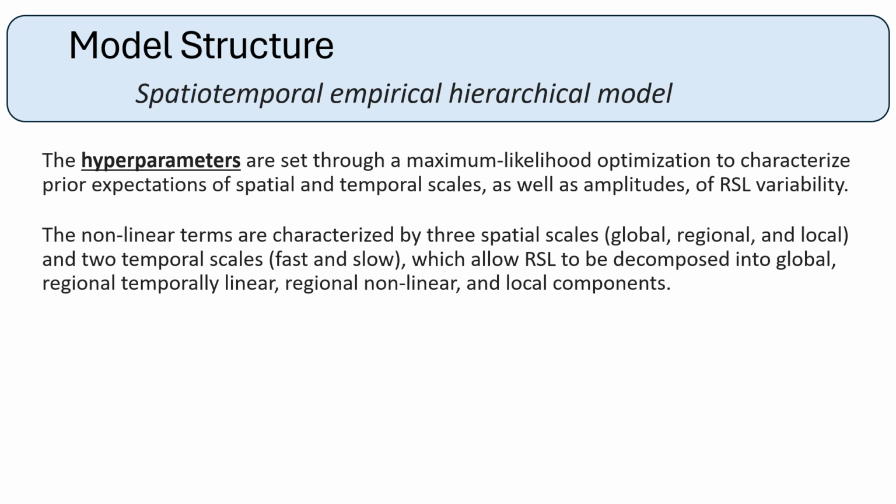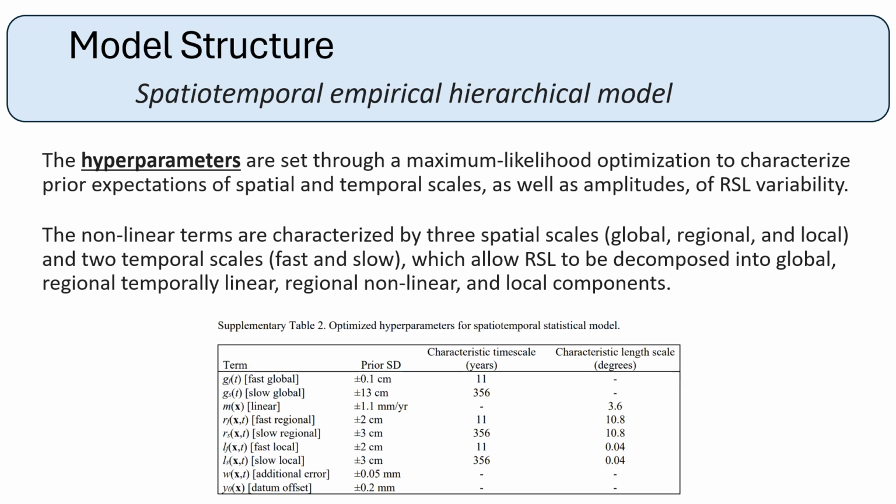As I've said, we have our nonlinear terms, which give us 3 spatial scales, the global, regional, and local, and the 2 temporal scales, which are the fast and slow terms. With all of these terms, we can decompose relative sea level into different components: a global component, a regional temporally linear one, regional nonlinear, and local.